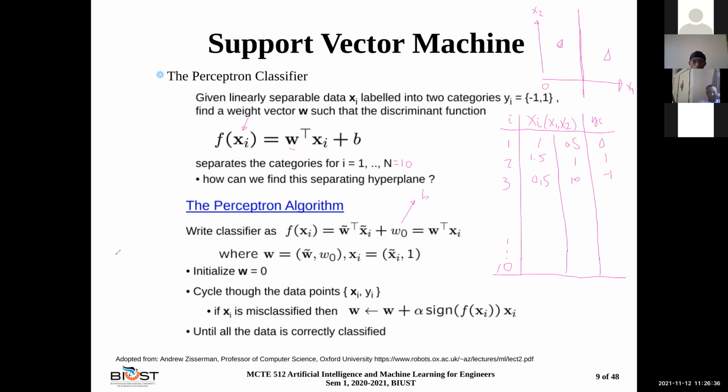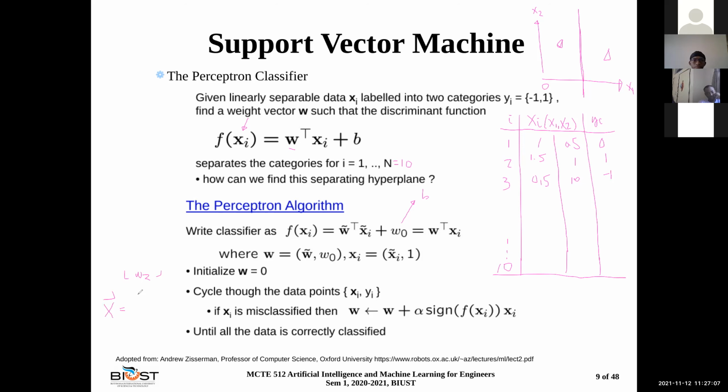So now the final W will be W0, W1, W2, and your X is 1, X1, X2.